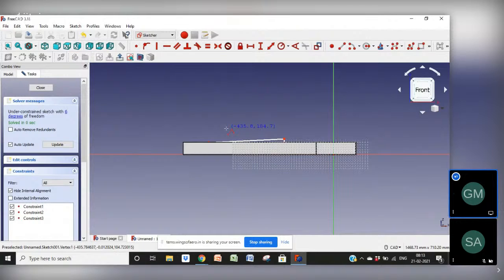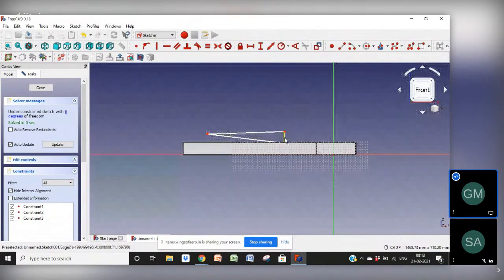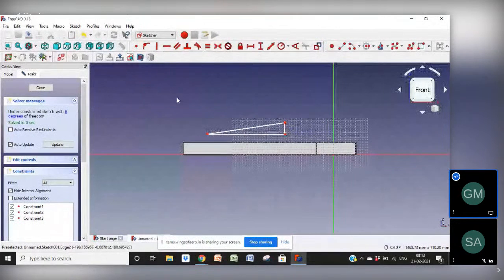okay, and taking this distance of this, first I will take this a bit up and make this one vertical and the other one, sorry, this one horizontal and this is vertical.